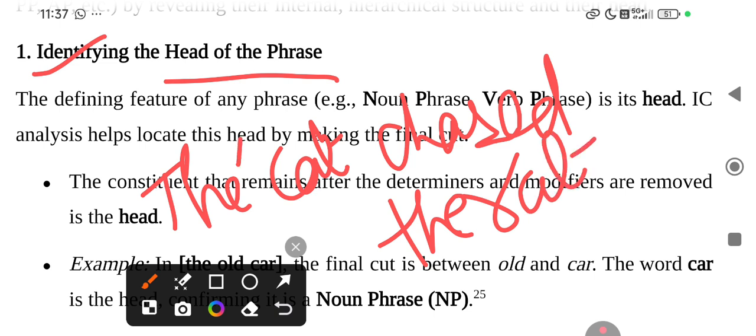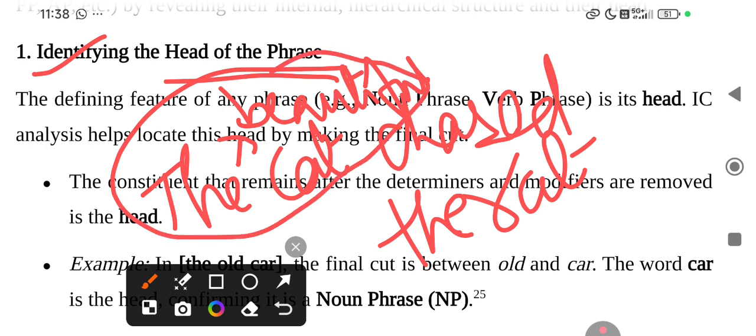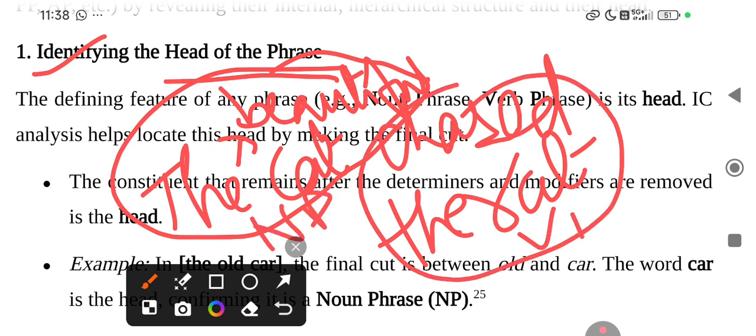Here you can add "beautiful": the beautiful cat. So in this sentence there are two phrases. First is an NP, or noun phrase, and this is a verb phrase, right? Why? Because it starts with the verb, and here this is cat. Our focus, the core word, is cat.